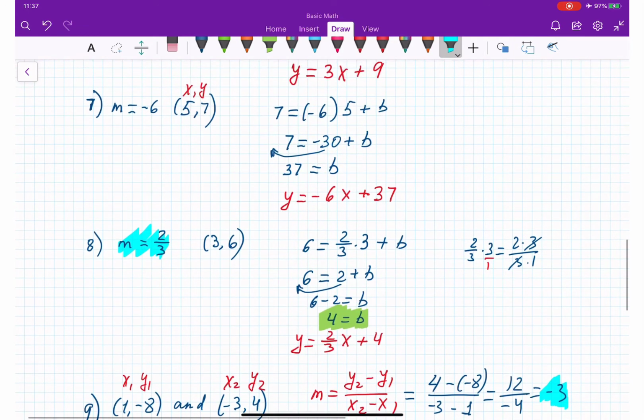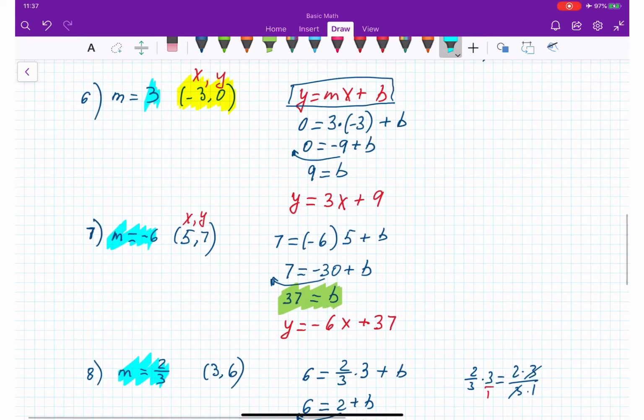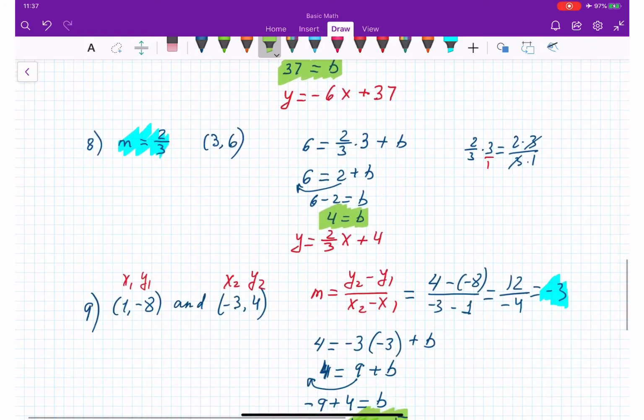Here also our intercept is 37 and the slope is -6, right? And same thing here, b is 9 and the slope is 3.